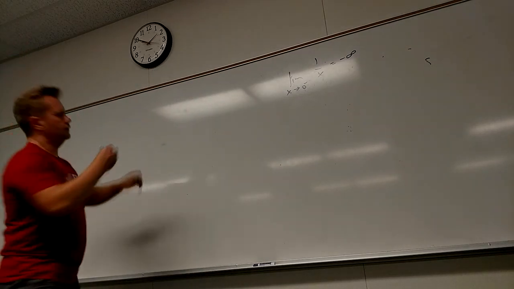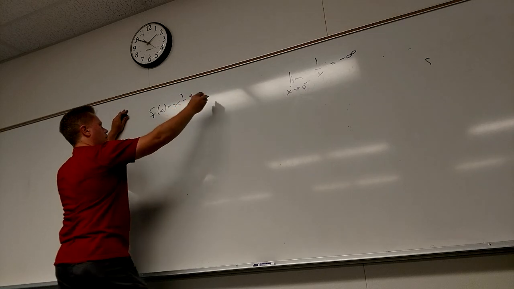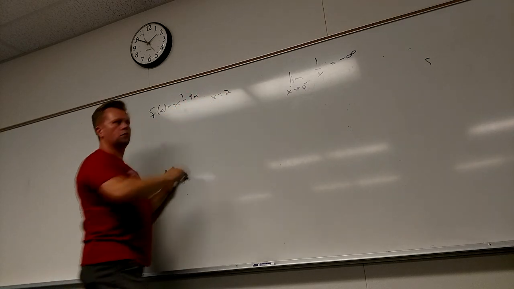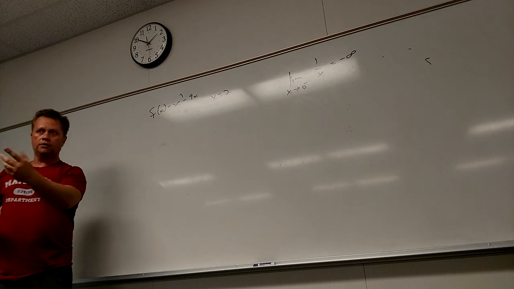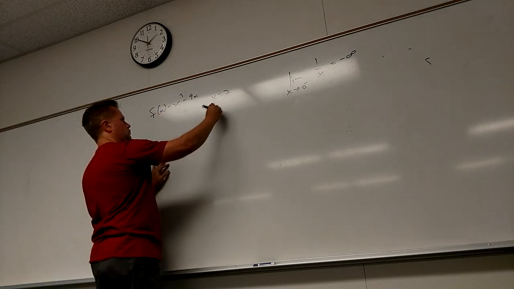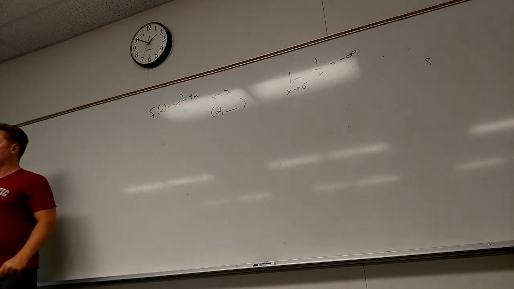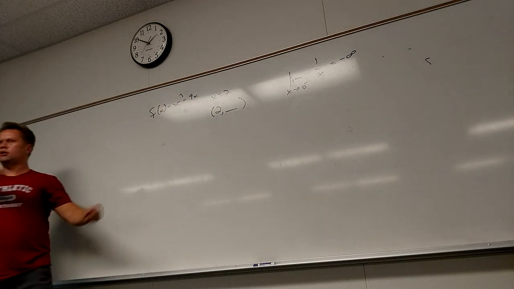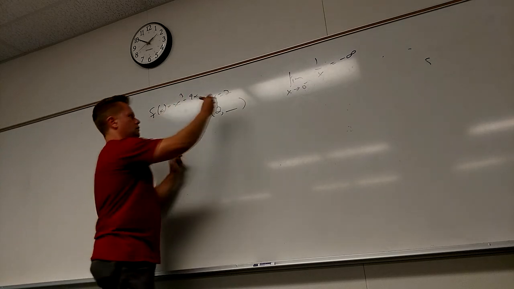So I've got this function. And at the point x equals 2, I'm going to find the tangent line. So of course, I need the point. The point would be 2 comma, plug that in, right? If you do that, you get 8 minus 18, negative 10.